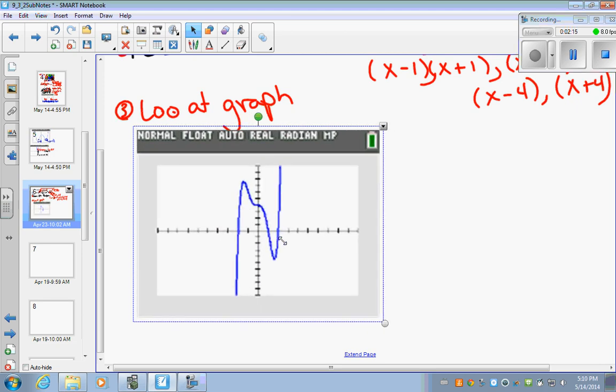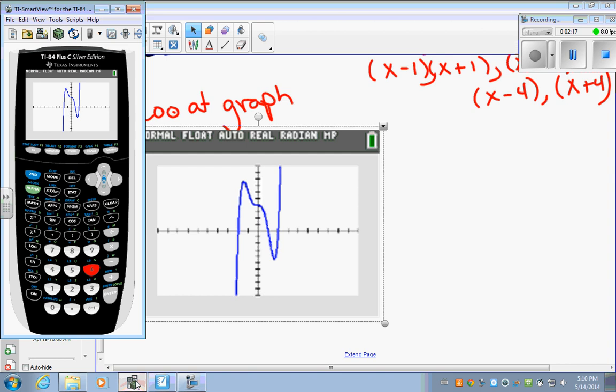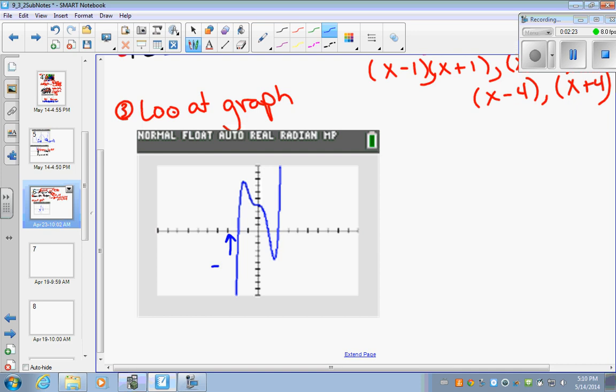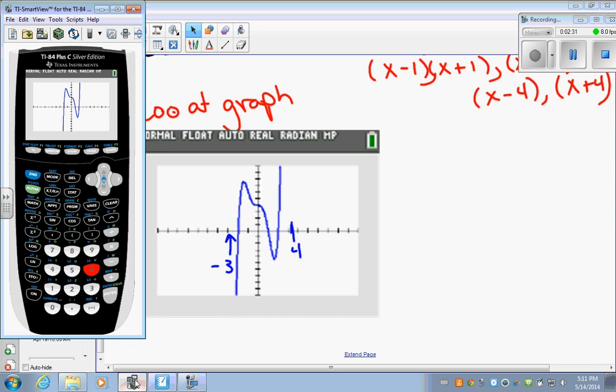Now you can also zoom in on your calculator, so I can see that they all happen kind of between negative 3 and positive, I don't know, 3 or 4. So I could change my x on the window to go from negative 3 to positive 4, and I could take a look at that closer.